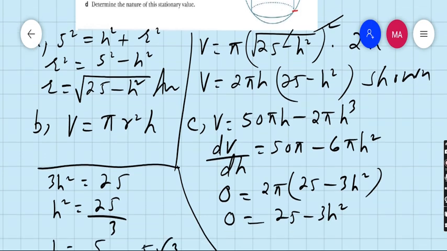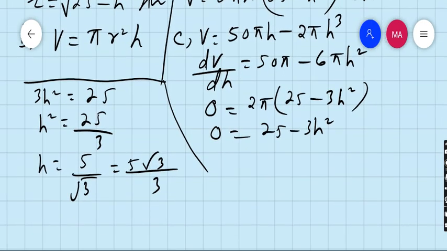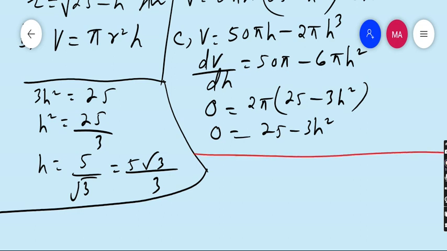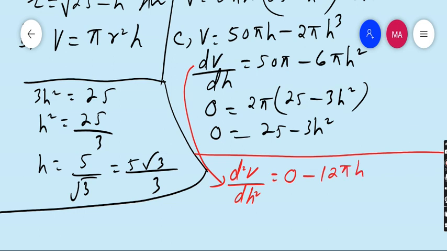Determine the nature of this stationary value. So for nature, we have to find the double derivative. This is a single derivative. The double derivative d square V by dh square: the derivative of 50 pi is 0, and the derivative of 6 pi h square is 12 pi h.